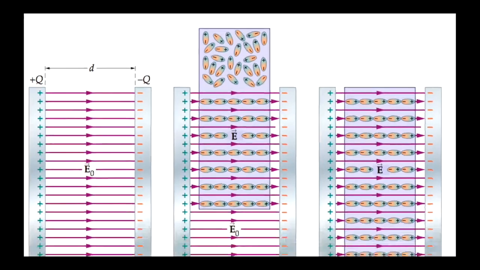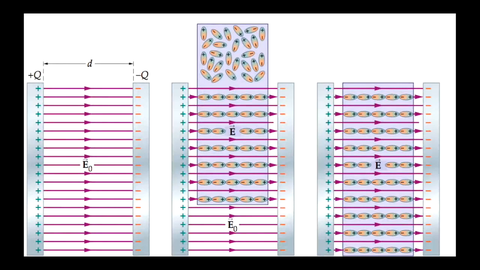So in the perfect case, this results in positives on one side and negatives on the other. Again, not quite that perfect, but at least a tendency that way, so that we have a little bit of a positive buildup on one side and a negative buildup on the other.